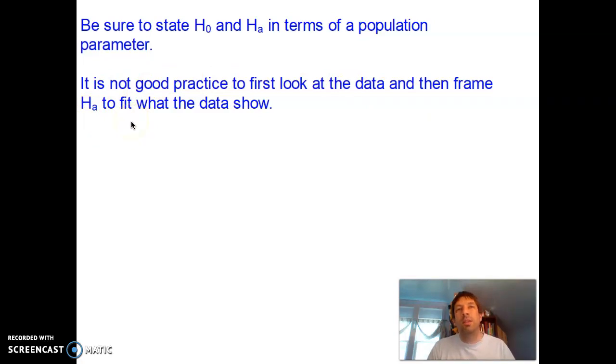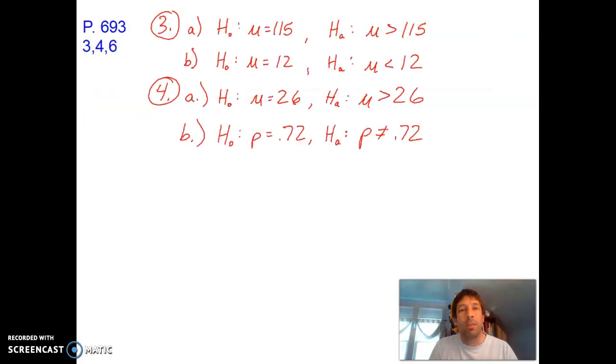You don't want to take a whole bunch of IQ scores from students at our school and then come up with your alternative hypothesis. What you'd like to do is, you've got some idea, you believe that our IQ scores are higher, so you write your alternative hypothesis, and then you go out and find the data, and you look at the data and see if it supports that.